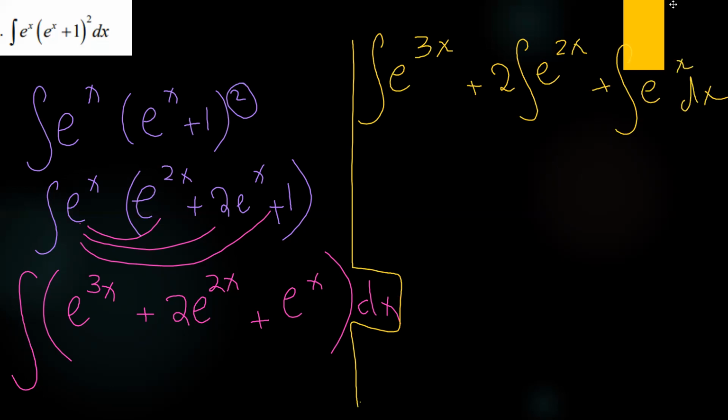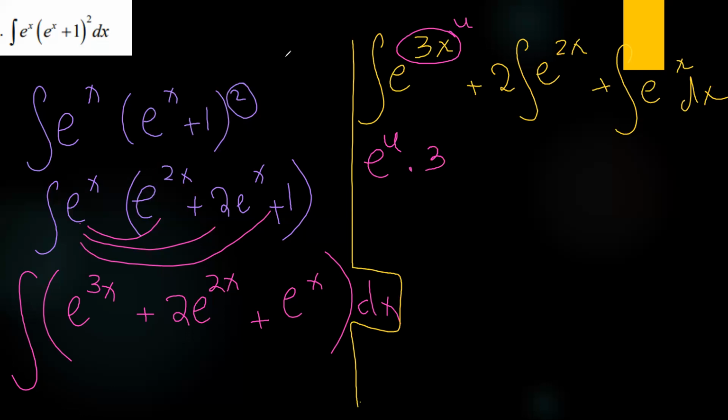Here I just distribute the integral sign into the function. Then for e to the power 3x, let's assume that this is u. So it will be e to the power u times du over dx times 3.